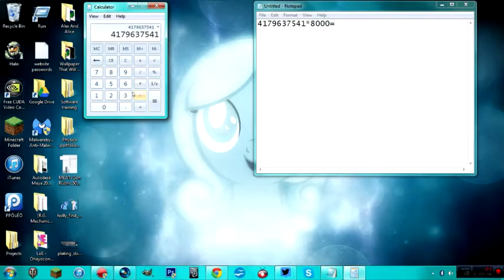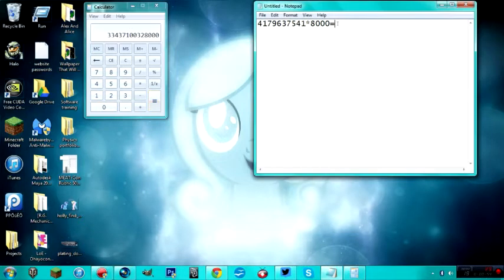Times 1,000. The number I get, or the momentum of the Halo 4 Infinity Cruiser, would be 33 trillion, 437 billion, 100 million, 320,000. I'm not going to say that number.